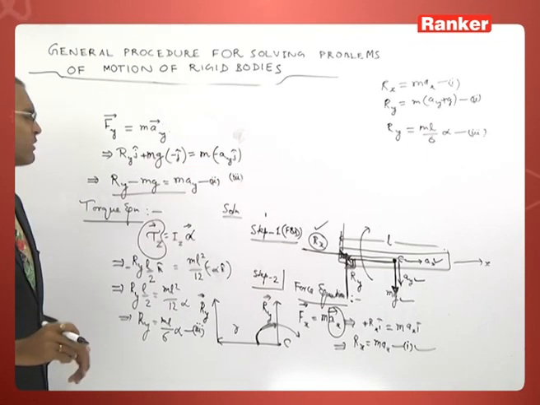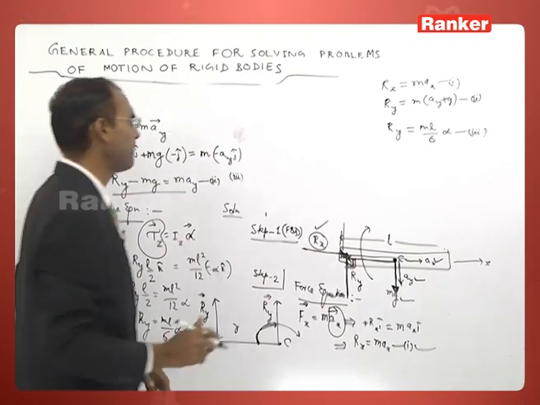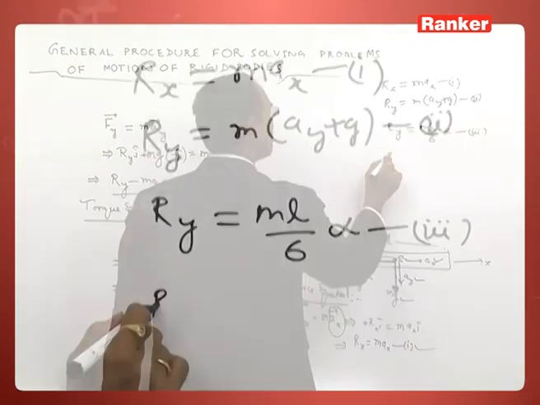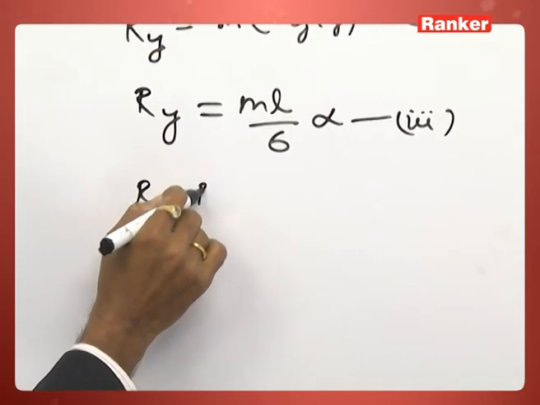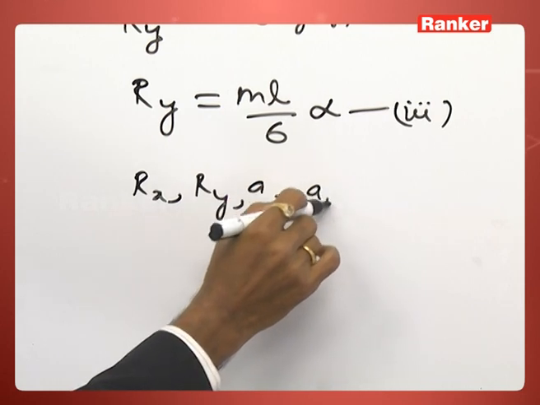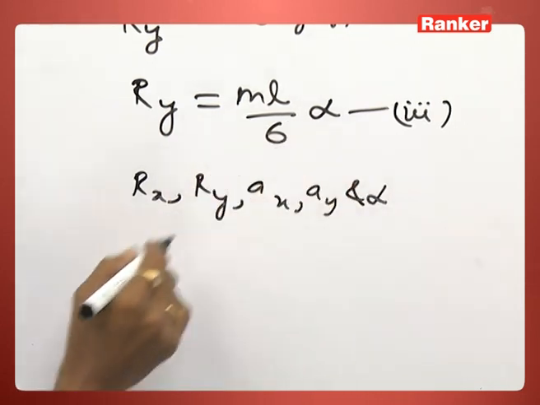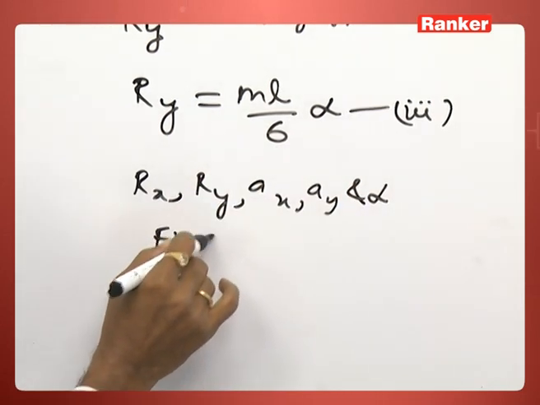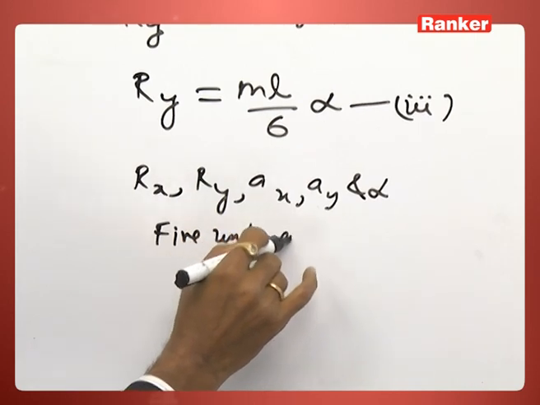So, after writing the 3 equations, we have how many unknown quantities? Rx, Ry, Ax, Ay and alpha. 5 unknowns.